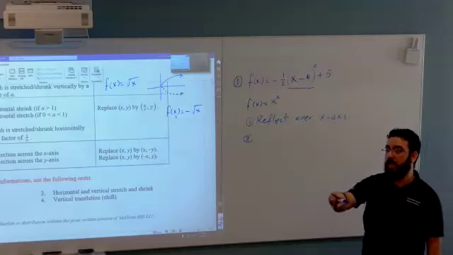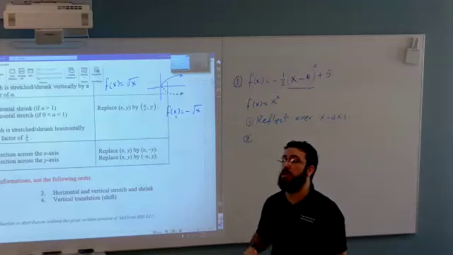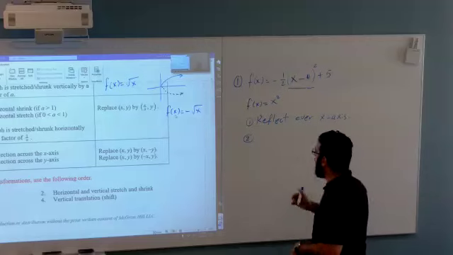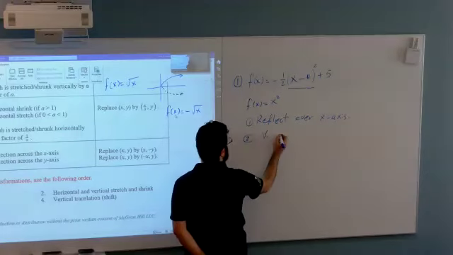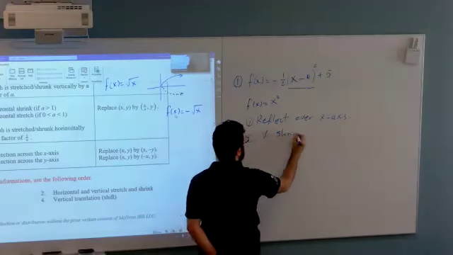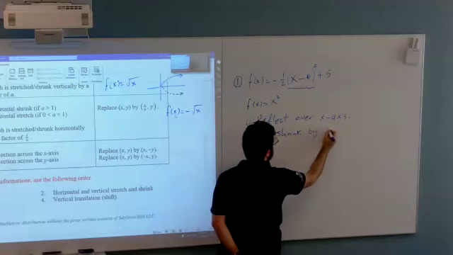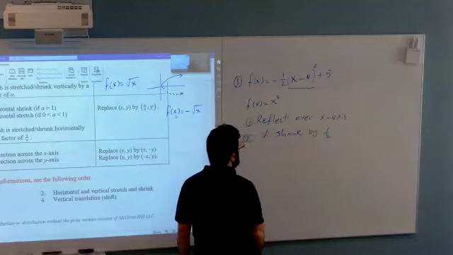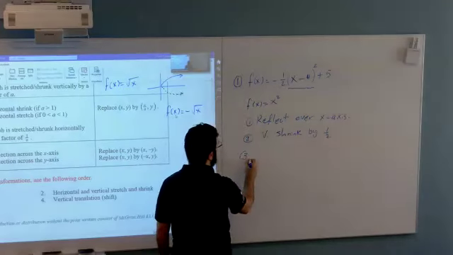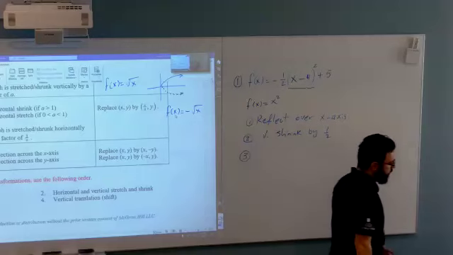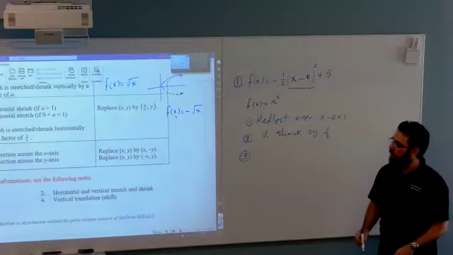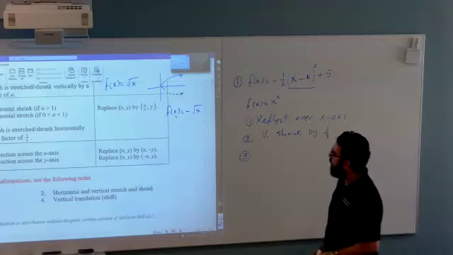It's going to shrink. Is it vertical or horizontal? It's going to be vertical, so this one is a vertical shrink by 1/2. Is that okay? Now the third one, by 2. We're going to move it up 5. Okay.